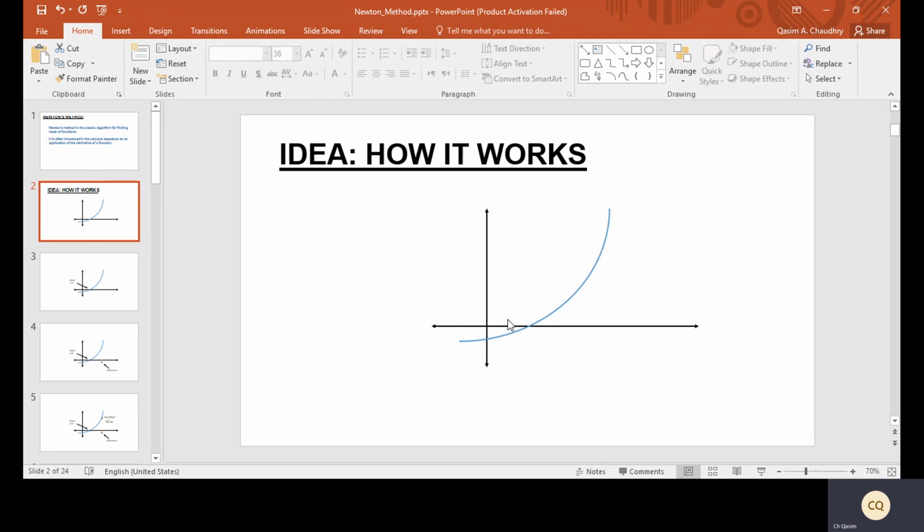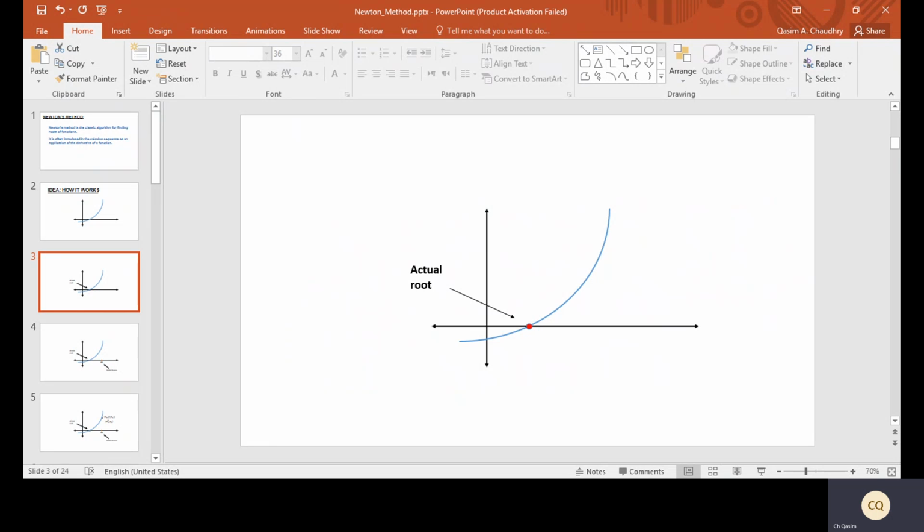So students, let's say we have these axes, and we have the curve here, and let's say this is your interval, from this point to this point. Now what is your actual root here?